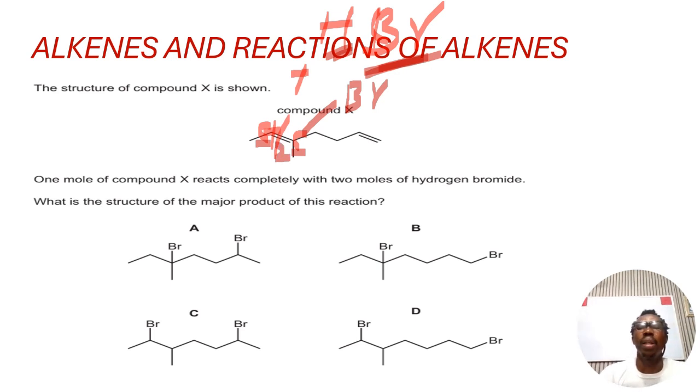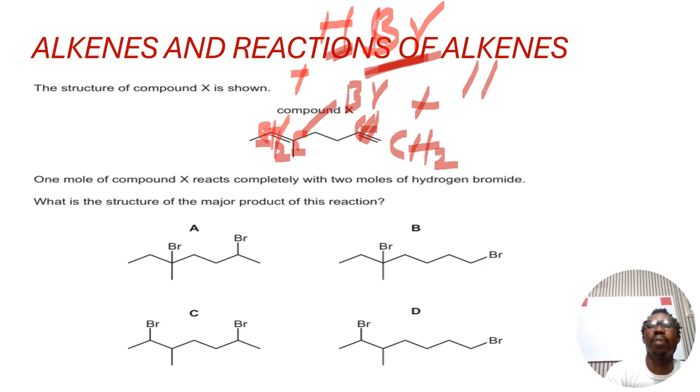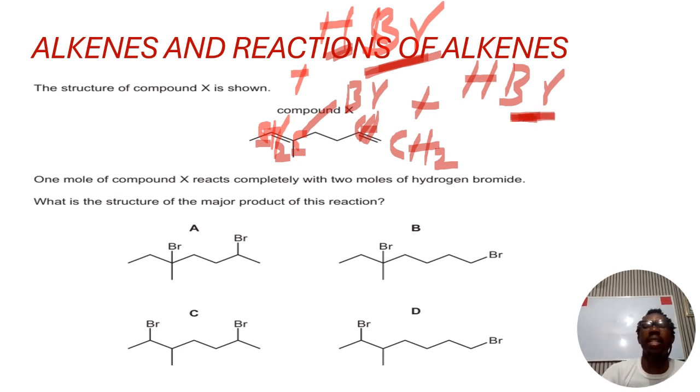So here will become CH2. Then if you come to this, where we have the carbon double bond carbon, here we'll have CH2. Then at this point we'll have CH. So you are adding hydrogen bromide, which is HBr. So what happened is the major product is the one where the halogen is bonded to the carbon with the least hydrogen.